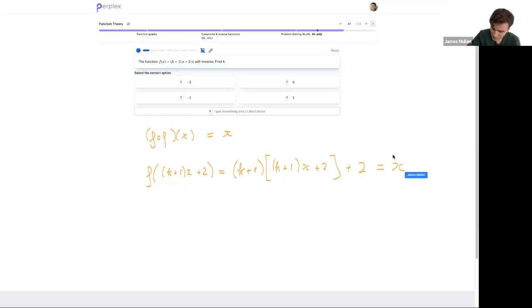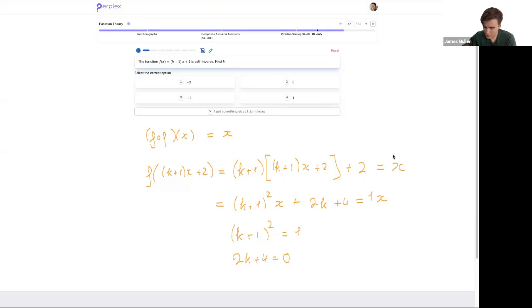So let's expand it, and I have k plus 1 squared times x plus 2 times k plus 1, which is 2k plus 2. And I add 2, that's plus 2k plus 4, which is supposed to be equal to x. Okay, so that means that I want k plus 1 squared to be equal to 1, because I have 1x on the right-hand side, and I want 2k plus 4 to be equal to 0.